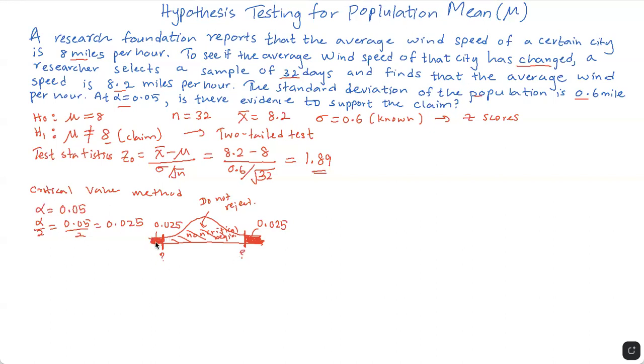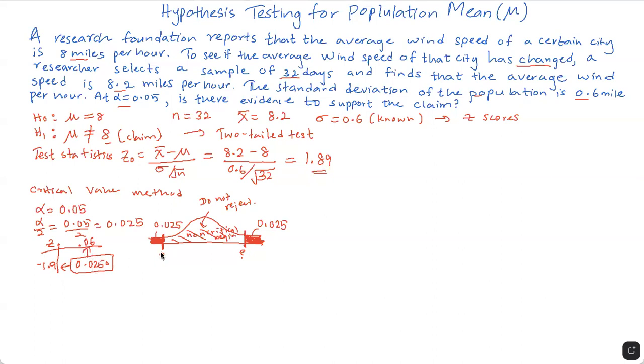So if you look at the Z table, locate this area 0.025 inside the table. And then you can locate the Z-score. Z-score is negative 1.9. Second decimal place is 6. Like this.